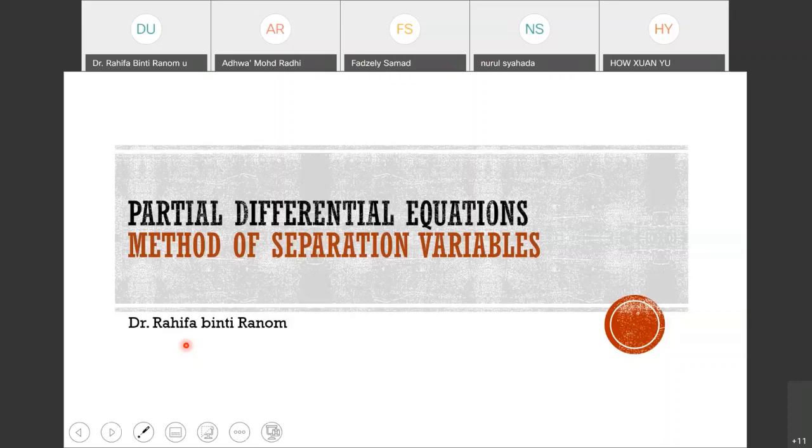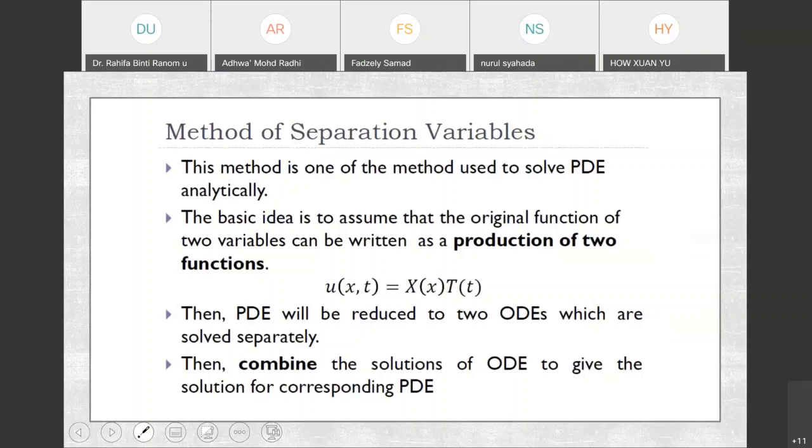We are going to solve variable x separately, and variable t separately. The method of separation of variables is one of the methods used to solve PDE analytically. We have a few other methods, but I think most engineers will only learn the method of separation of variables to solve PDE analytically.